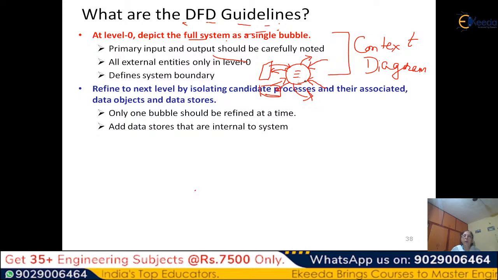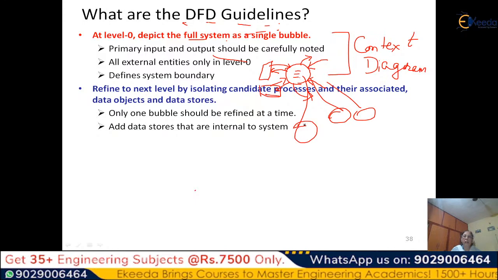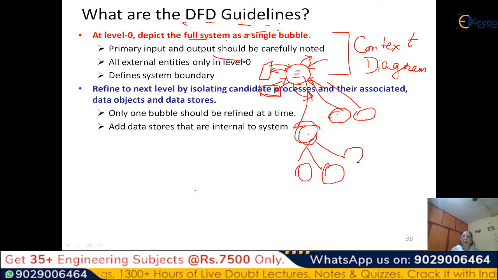From each one we break it into multiple bubbles. So when you are asked for the DFD guidelines, you have to write this kind of method. Take this bubble and make it into 3 bubbles, then again take each single bubble and divide it into multiple bubbles like that.